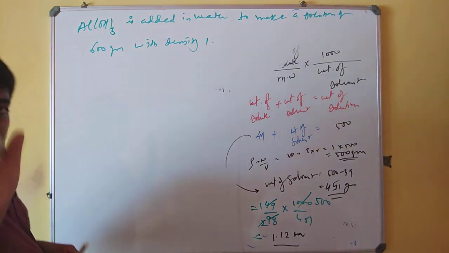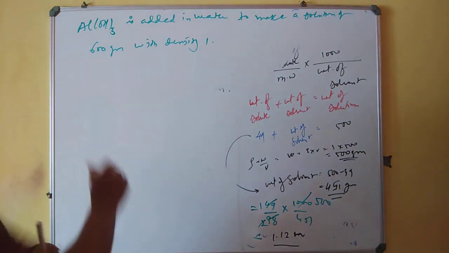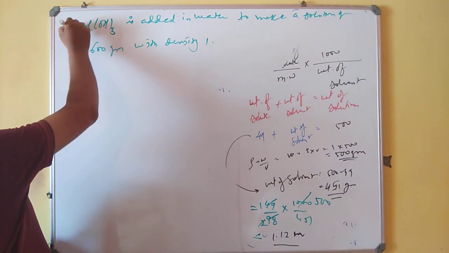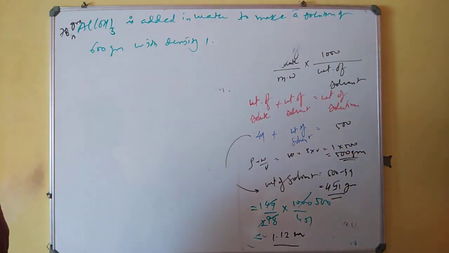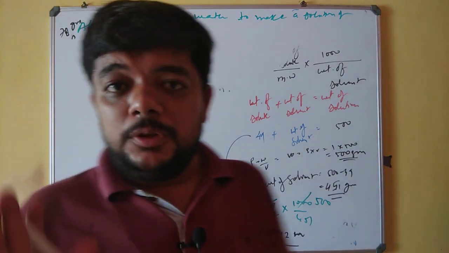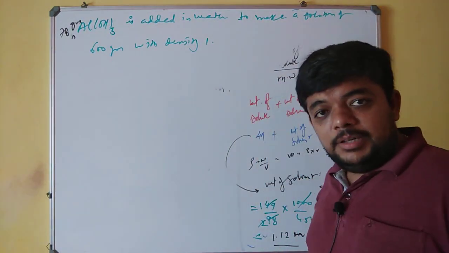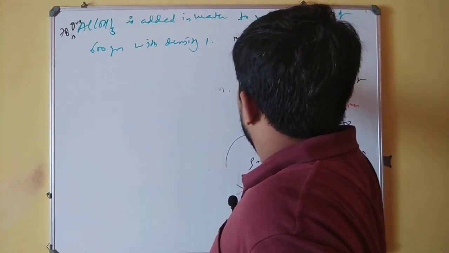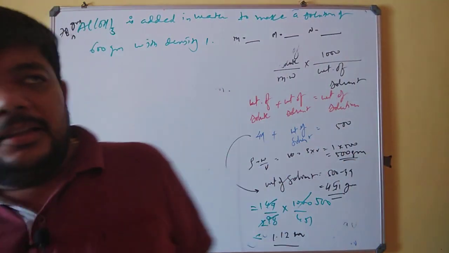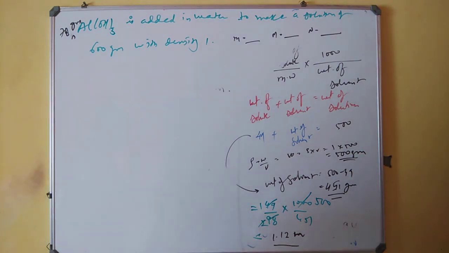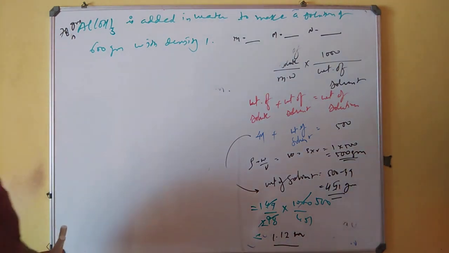So write it over here, be very clear, 78 gram. 78 gram aluminum hydroxide is added in water to make a solution of 600 gram with density 1. Calculate molality, molarity, normality.